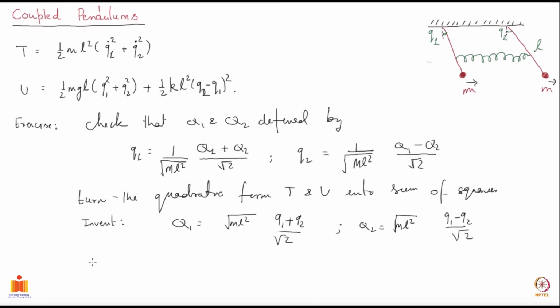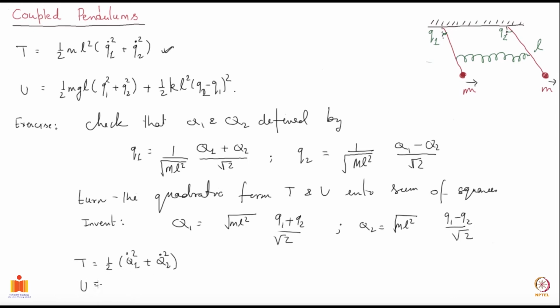Once you do the exercise, you will be convinced that these are indeed the right coordinates, and in these coordinates I will get the following. So check that you get T equal to half (Q1 dot square plus Q2 dot square). So indeed it is not disturbed. It was anyway a sum of squares here, so we had to ensure that we don't disturb it.